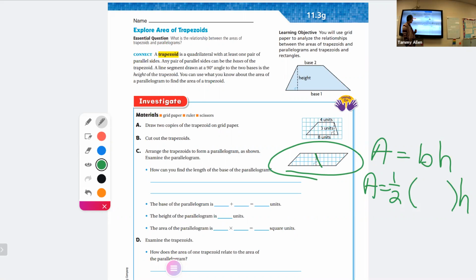But if we take a look at the base of the parallelogram, it was here. That was the base. Right? But in the trapezoid, you're actually taking that piece and putting it down here. Do we see that? That piece actually got moved. That same measurement is down there.